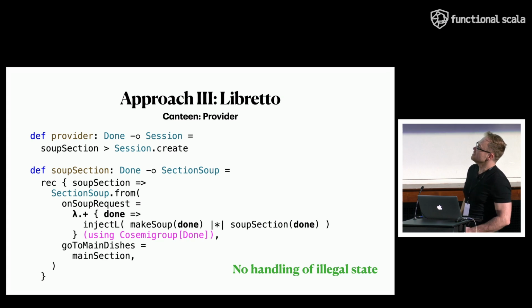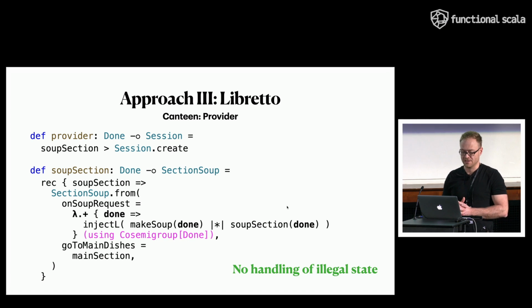You might have noticed this done variable is used twice here. That looks like a violation of linearity. However, some types come with an ability to be duplicated, and this done signal is one of those.